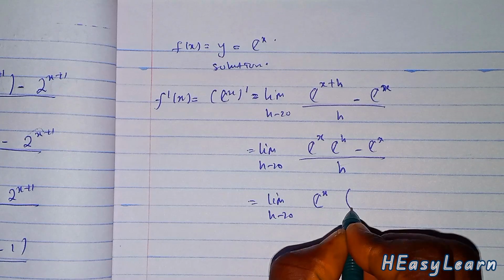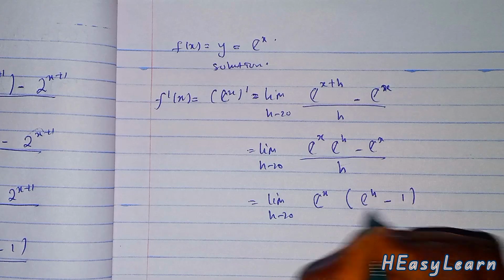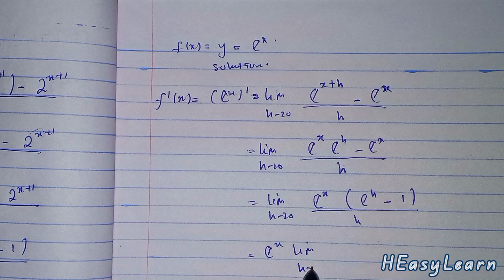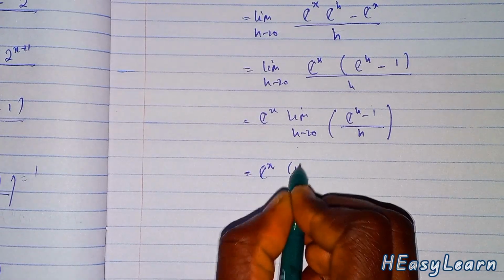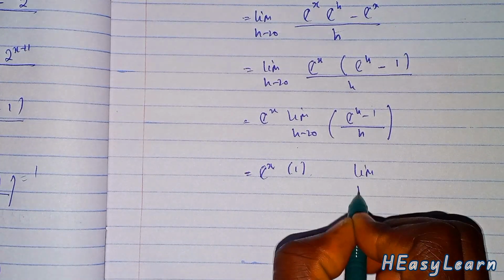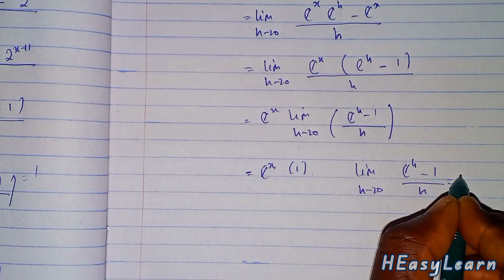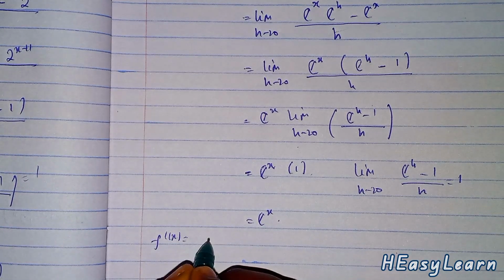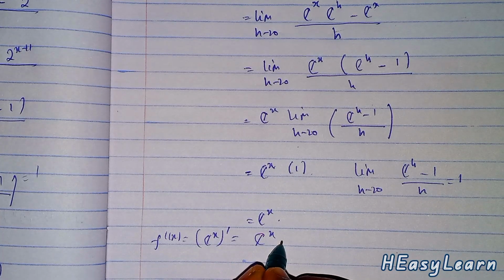Factor exponential x, it is common. Exponential h minus 1 over h. This is the same thing as exponential x, the limit h approach 0 of exponential h minus 1 over h. Exponential x multiplied by 1 because by definition the limit h approach 0 of exponential h minus 1 over h is equal to 1. So the derivative is exponential x. F prime of x equals exponential x.